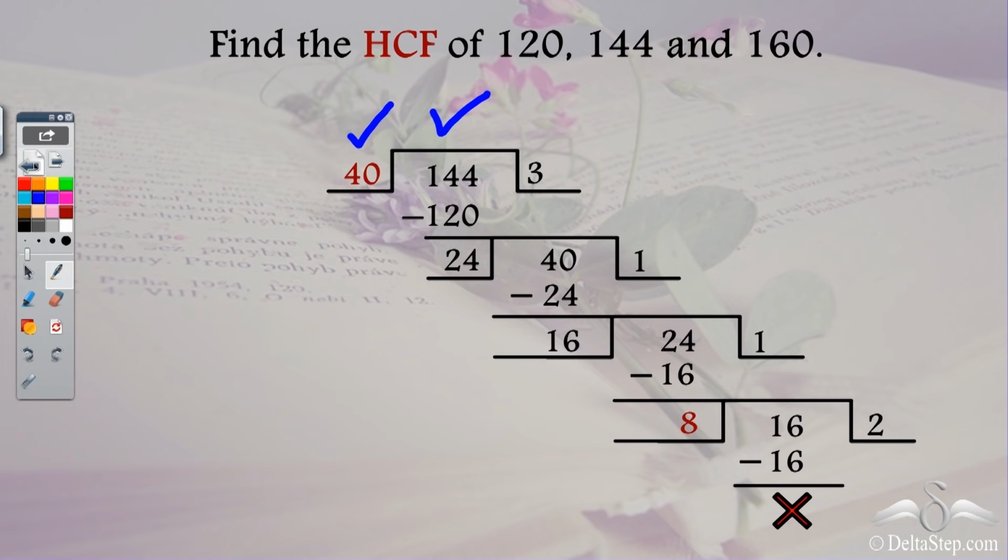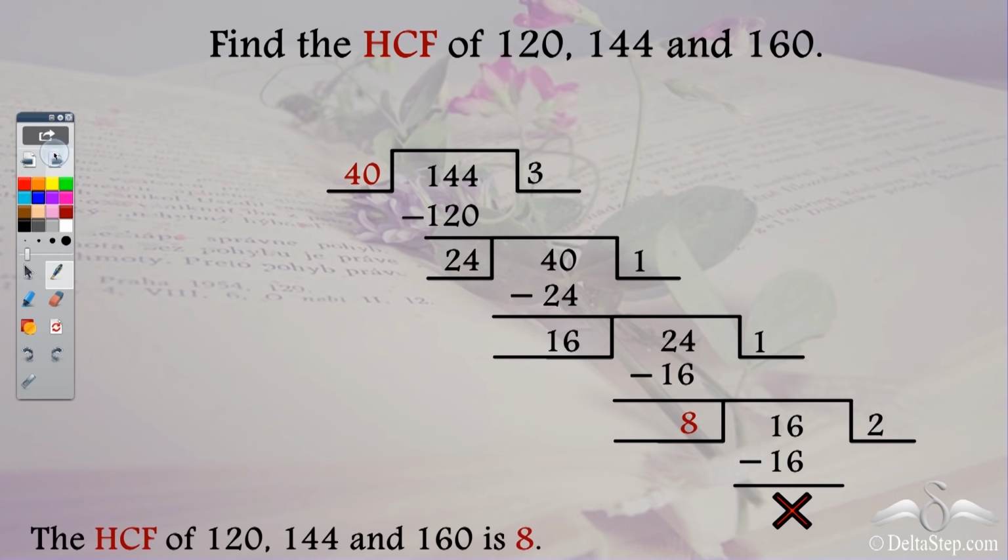But from where did we get this 40? There is no 40 in the question. Recall that 40 is the HCF of 120 and 160. We can say that 8 is actually the HCF of the three numbers. So the HCF of 120, 144 and 160 is 8.